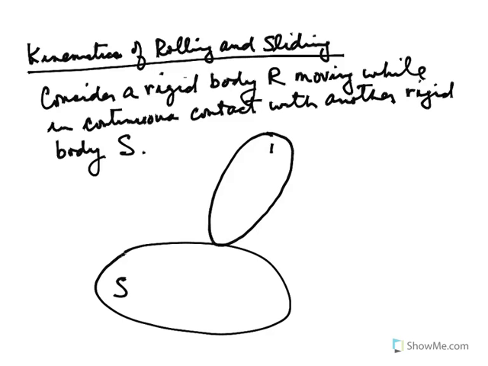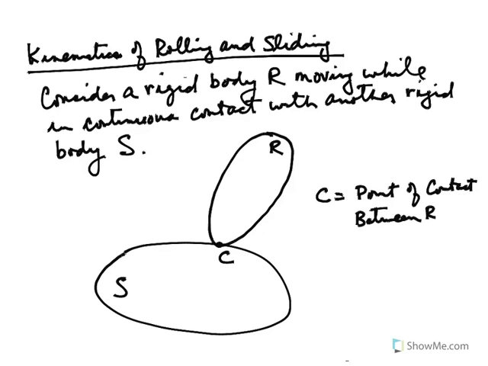Okay, so here's R. And there's a point which I'm going to call the point of contact. So I'm going to call C the point of contact between R and S.